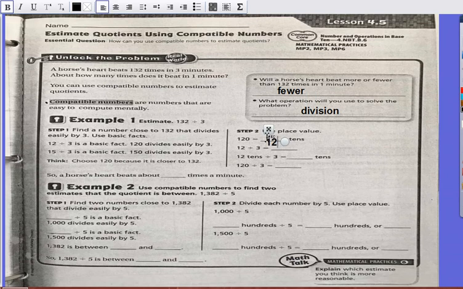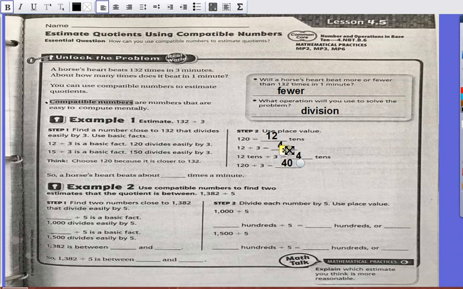It's 12 tens, because we know that 12 divided by 3 is 4. So 12 tens divided by 3 equals 4 tens, that's 40. 4 times 10 is 40. So 120 divided by 3 is 40.